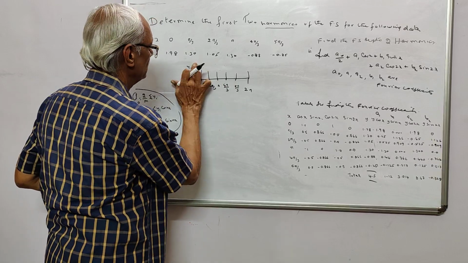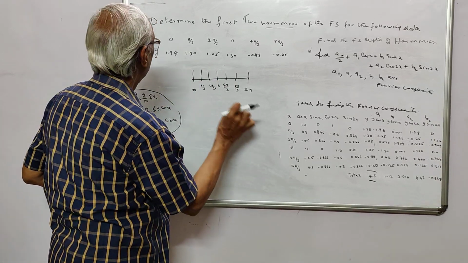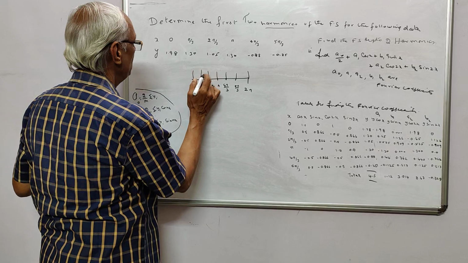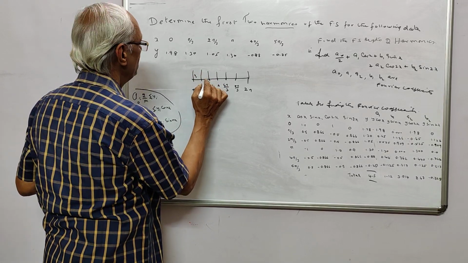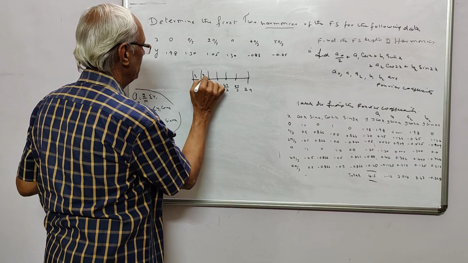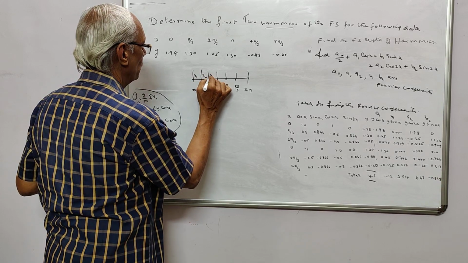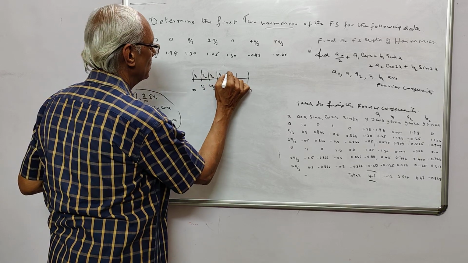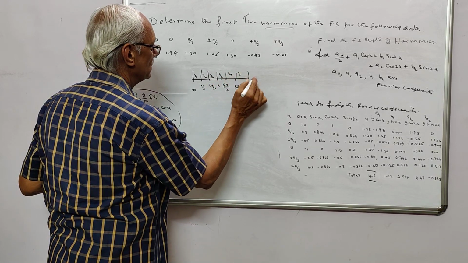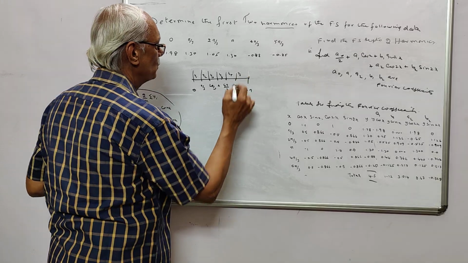Here we have 0, y1, then pi by 3, y2, y3, y4, y5, y6. Then you see that 2 pi is there.